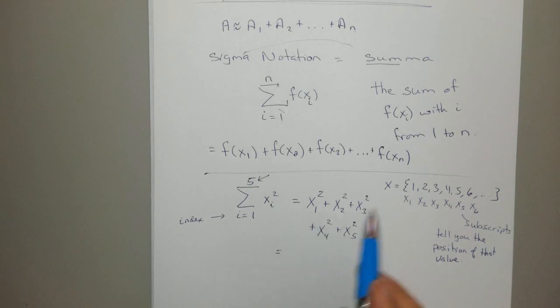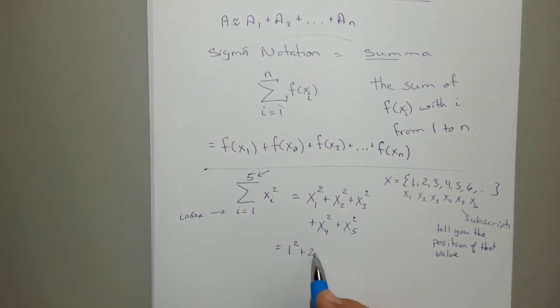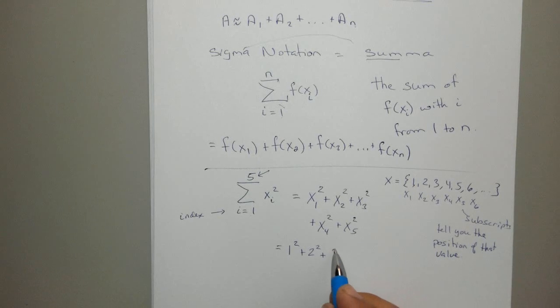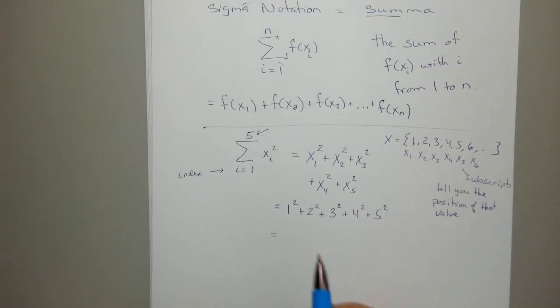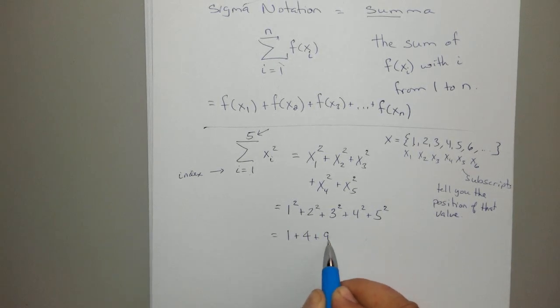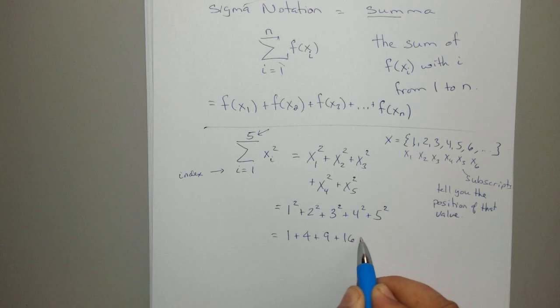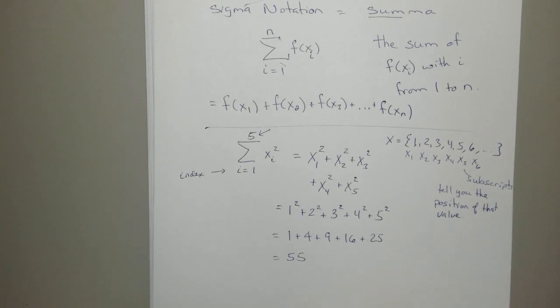So x sub 1 is 1, and I square it. x sub 2 is 2 and I square it. 3, 4, and 5. Square those numbers and add them together.